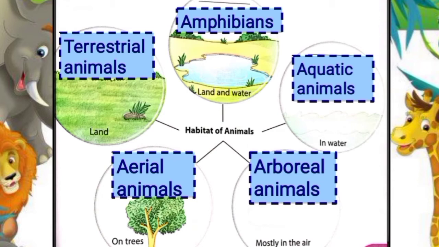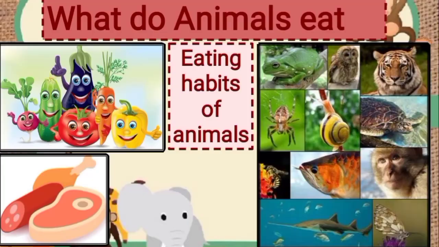So based on where animals spend most of their time, they can be grouped into terrestrial animals, arboreal animals, aerial animals, aquatic animals, and amphibians.